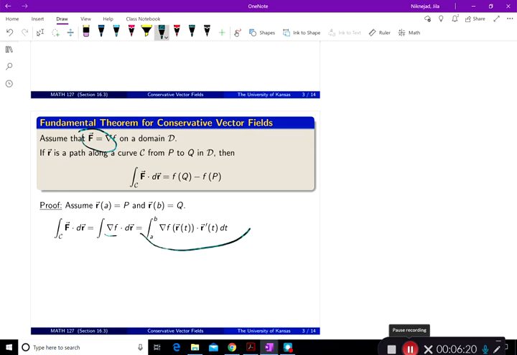This is the formula that comes with the vector line integral. And so we realize that P comes from t equal to a and Q comes from t equal to b, so it goes from a to b.